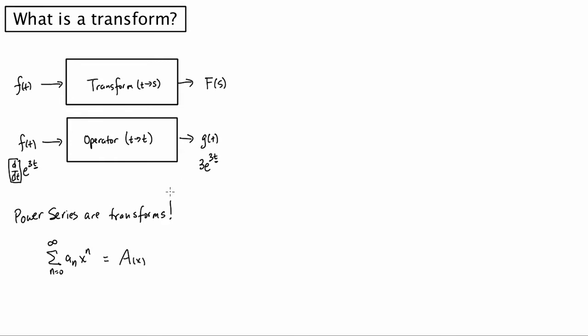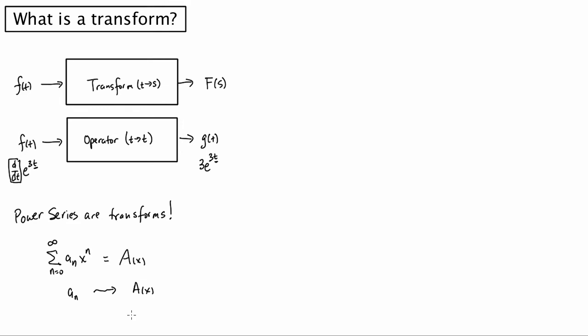So let's say that this is equal to some function a of x. Then let's think of it in the black box terms here. In order to define the function a of x, you have to first define the coefficients. So if you give me a coefficient, I can give you the function a of x that corresponds to it.